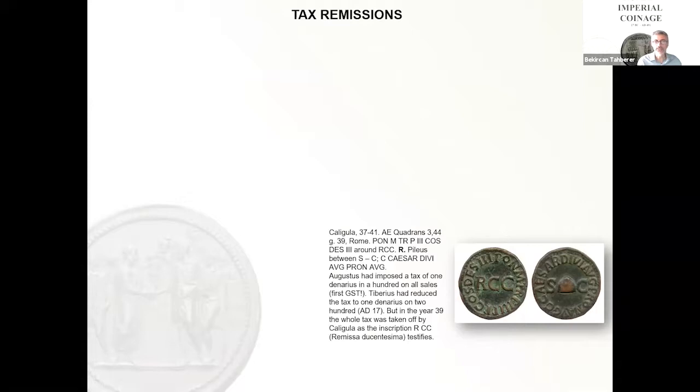Augustus had started that tax of 1 denarius in 100 on all sales. I call it the first GST. And Tiberius had reduced the tax to 1 denarius on 200, so a half denarius on 100. But in the year 39, the full tax was taken off by Caligula, as this inscription testifies.